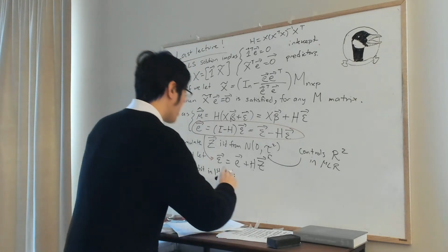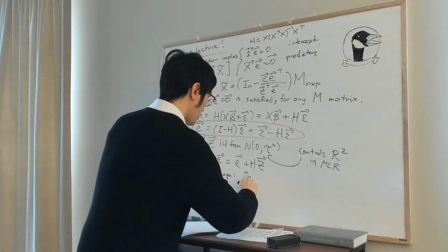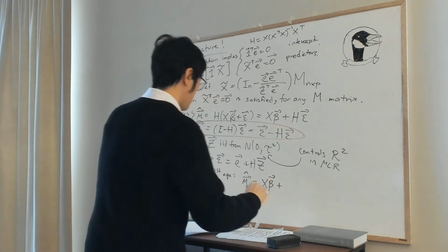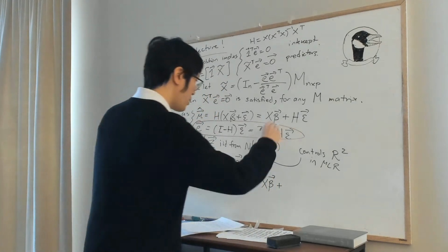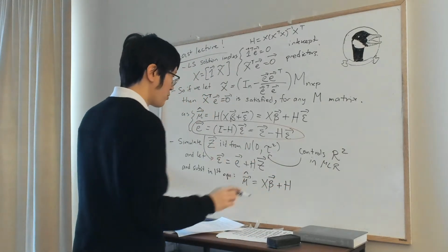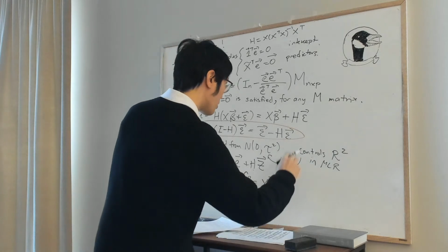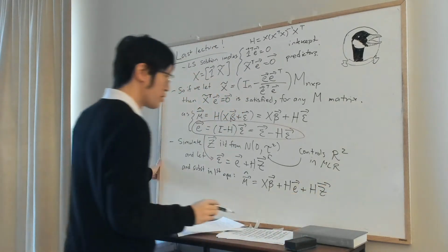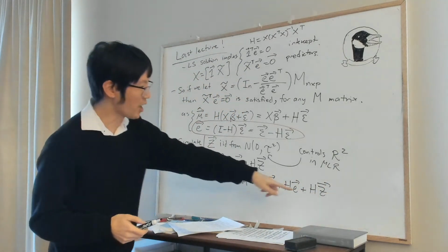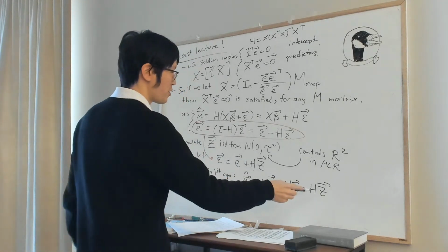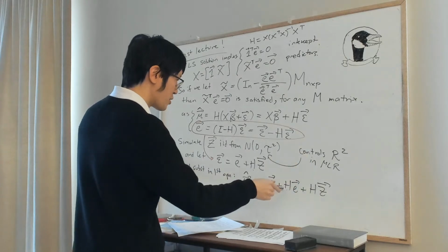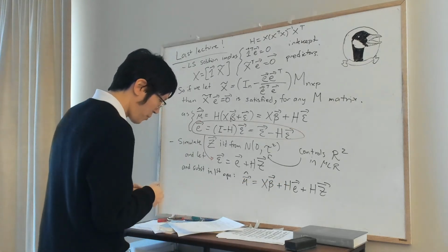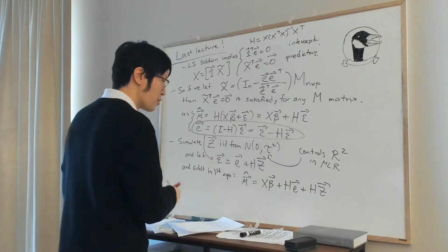So now we have mu hat is x beta plus H times all of this. I can drop one of the H's because the hat matrix is idempotent, so H squared is H, and then this part is actually 0 because the hat matrix times the residual vector also simplifies to 0.